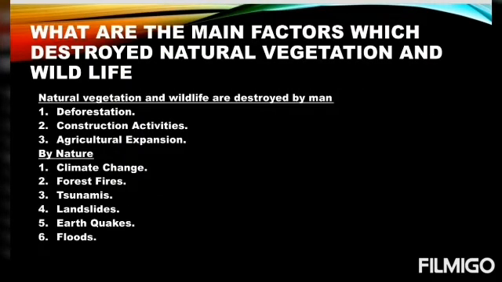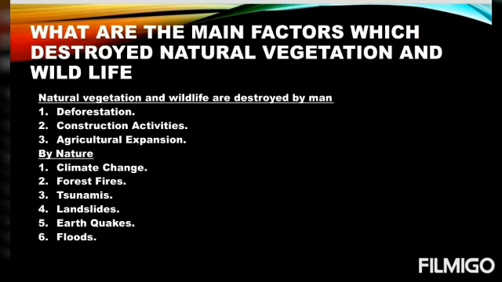The next topic is what are the main factors which destroy natural vegetation and wildlife. There are two main factors which destroy natural vegetation and wildlife. The first one is that natural vegetation and wildlife are destroyed by man.